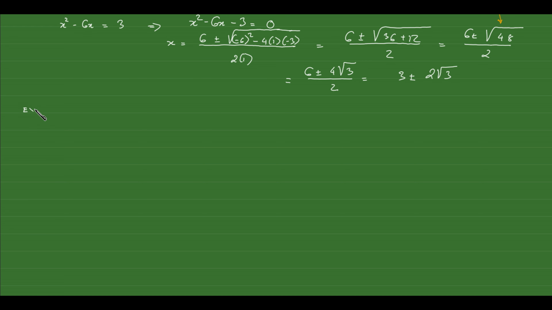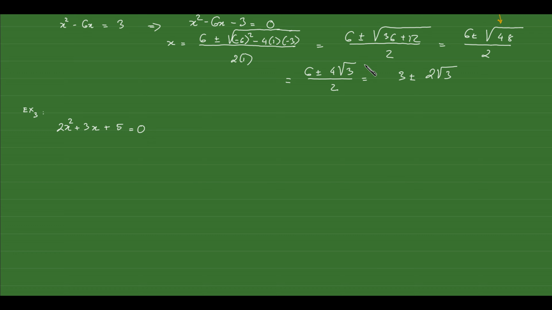For example, what if I have something like 2x squared plus 3x plus 5 equals 0?